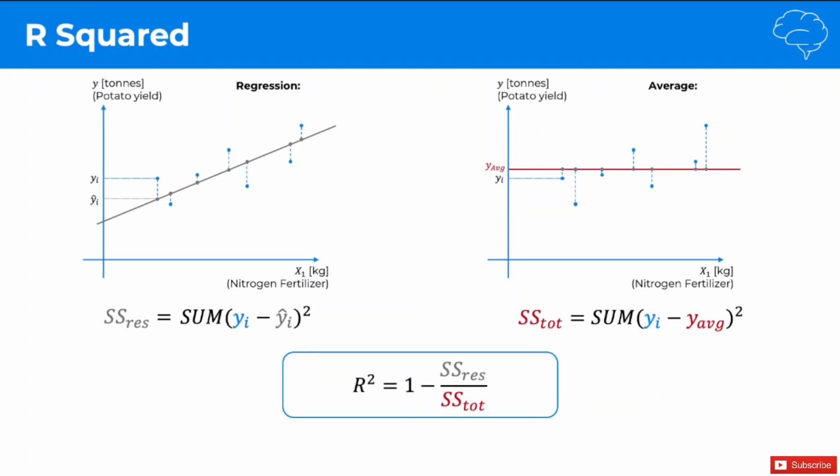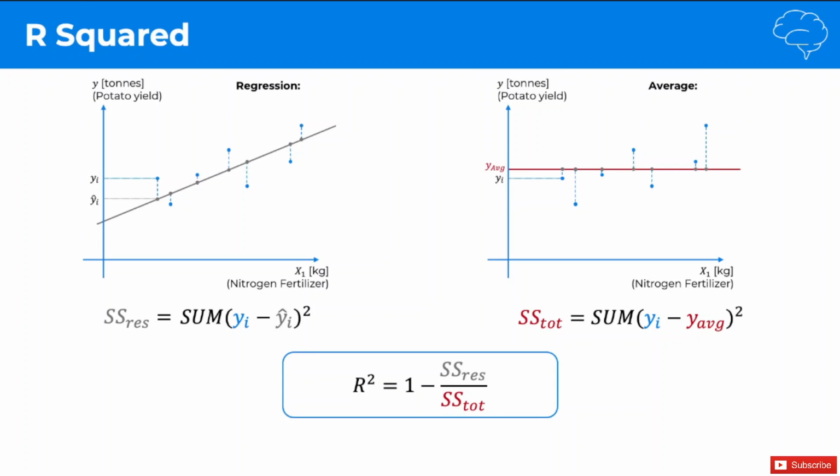So the way to think about it is in the total sum of squares on the right, you're just putting an average line. You're not modeling anything. This is the most rudimentary thing that we can do, is just put an average line and approximate our data with that average line. Of course, it will be, and it should be, worse than any thought out model that we create, which is the example on the left.